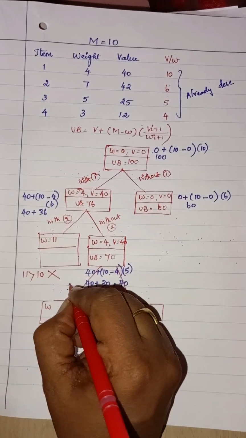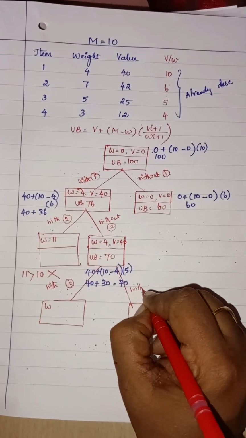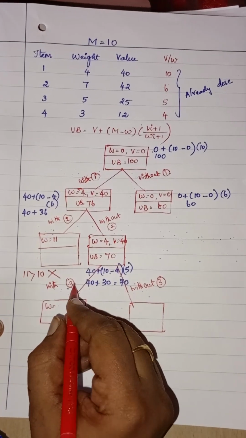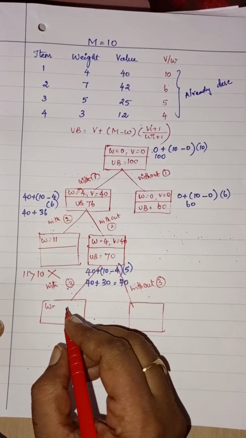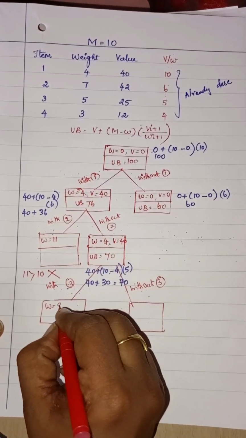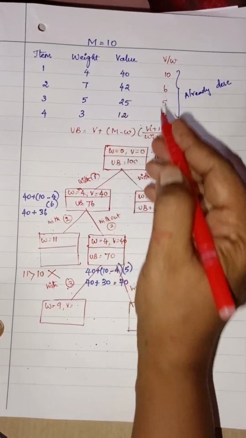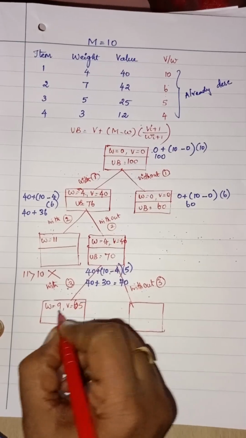So it is with 3 and without 3. If I include 3, already the weight is 4. Here the weight of the third item is 5. So 4 plus 5 will be 9. And the value is, already it is 40. Here it is 25. So it is 40 plus 25, 65.